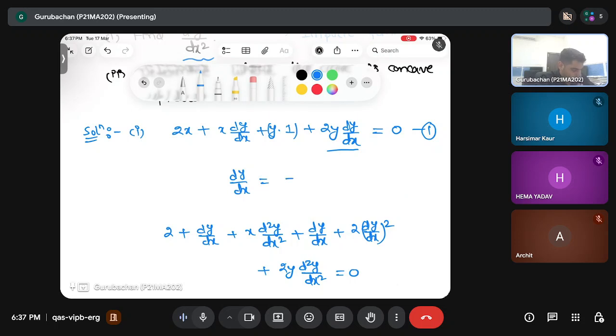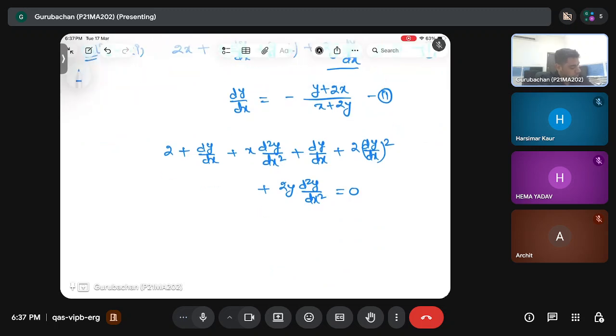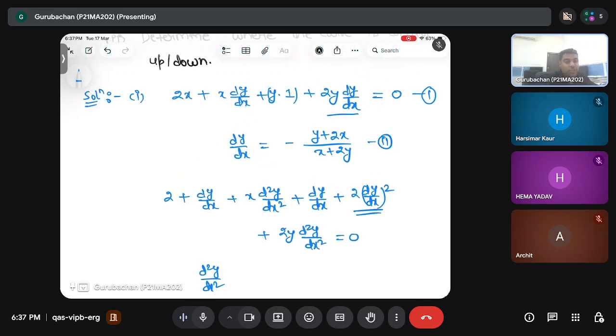This will be minus y plus 2x divided by x plus y. So from here, it is clear that we have to calculate dy by dx whole square also.